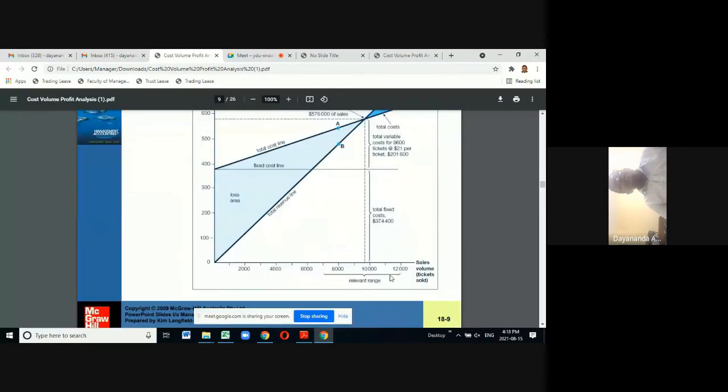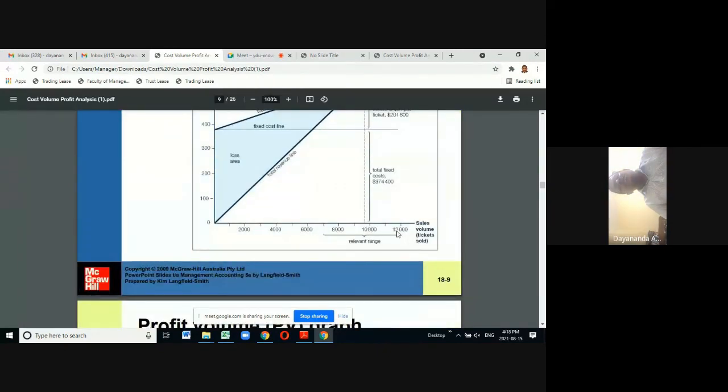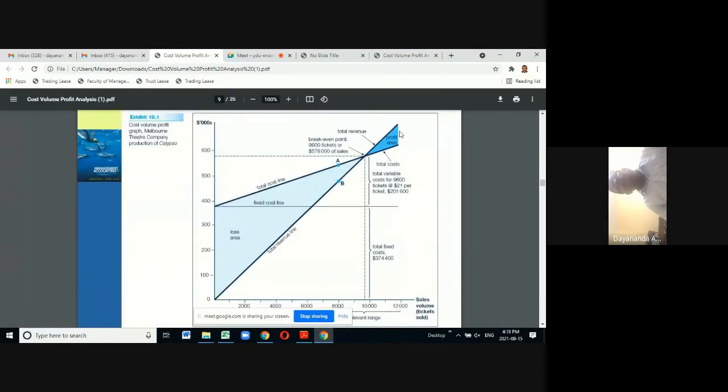When they get more customers, instead of 10,000 customers, if they are getting 12,000, they are more profitable. But if their customers reduce to 4,000, what happens is they are having a loss. That is the important point.